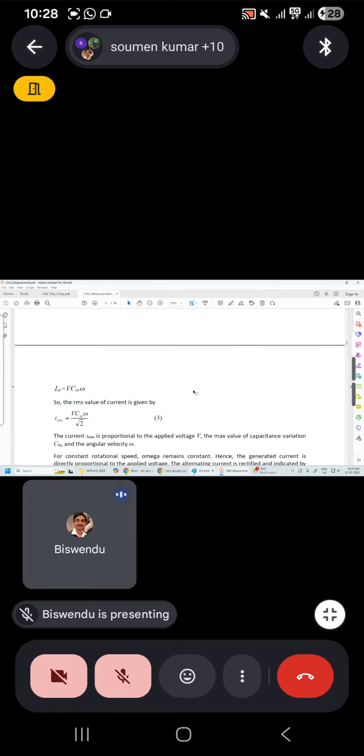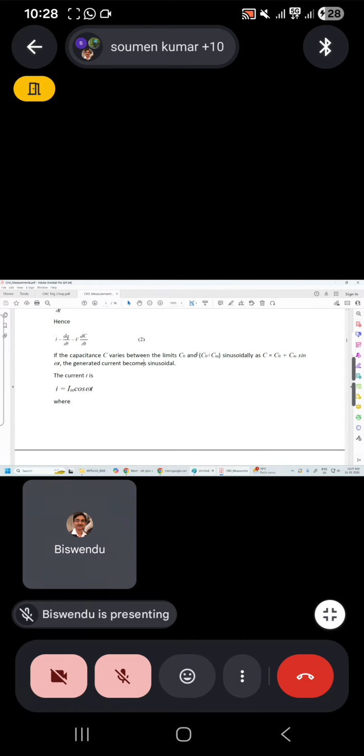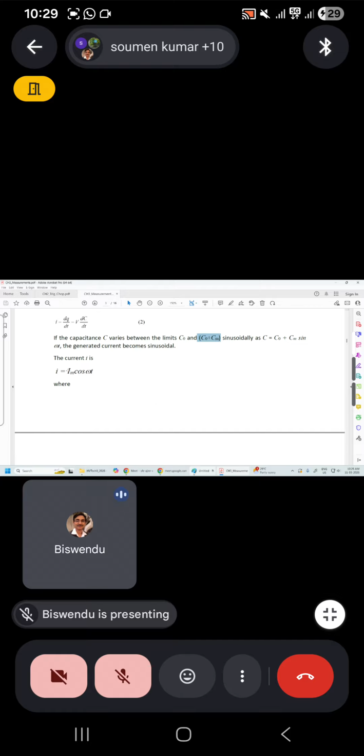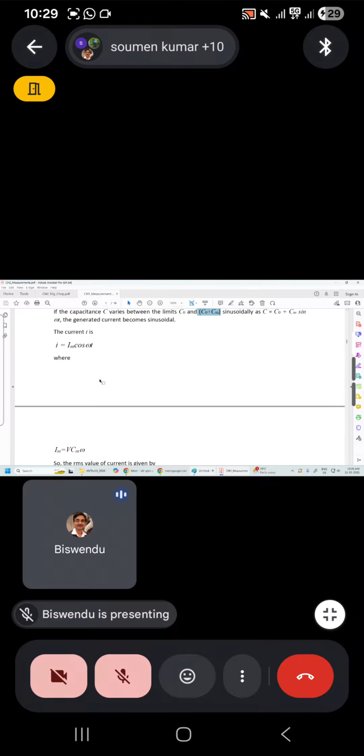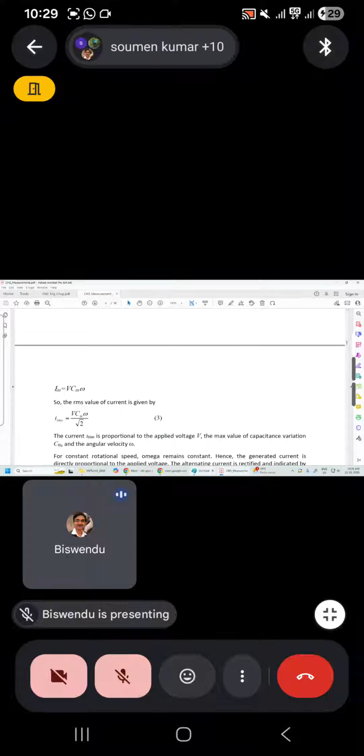So the expression becomes C0 plus Cmax. Then as the capacitance is sinusoidally varying, the current is also sinusoidal, where Imax is V Cm omega, and omega is the rotational speed of the capacitance.